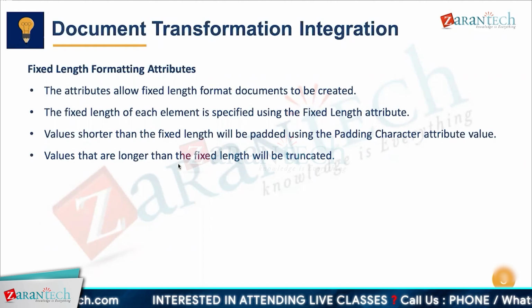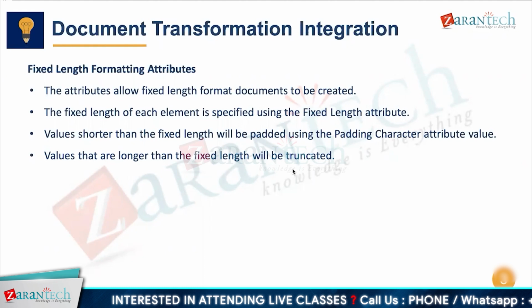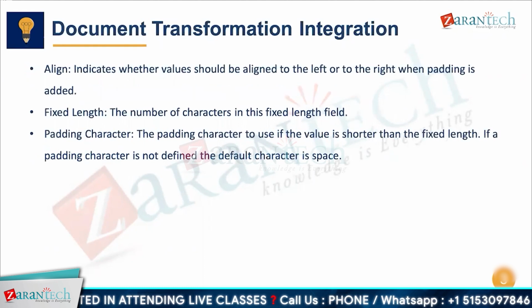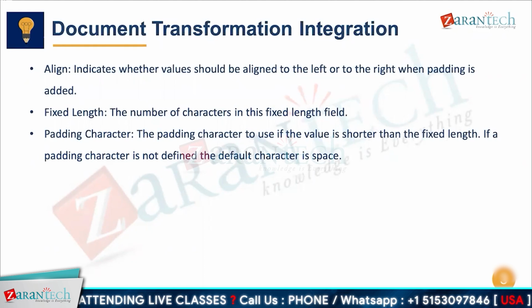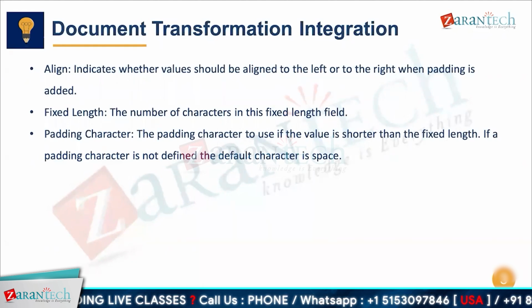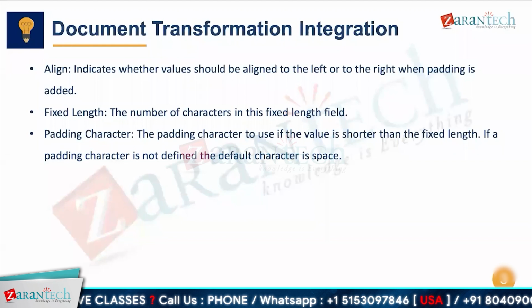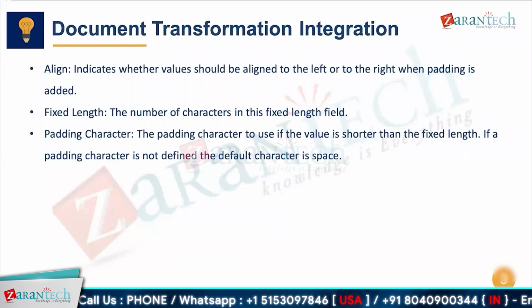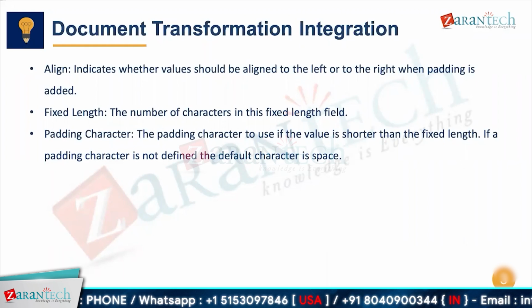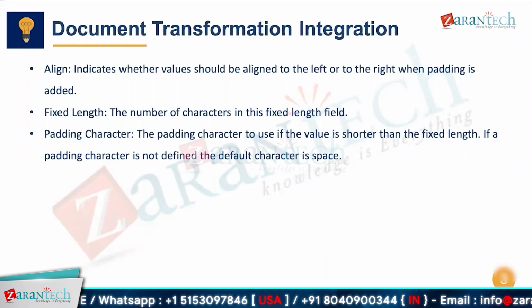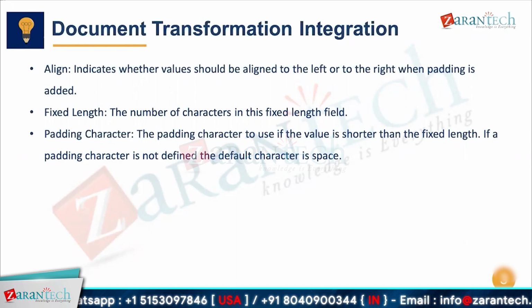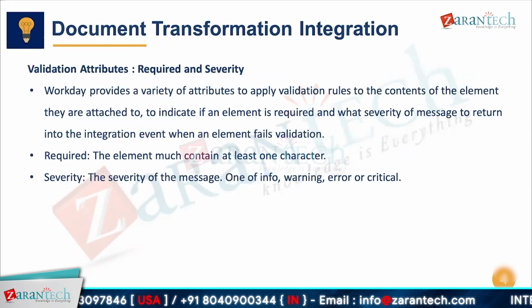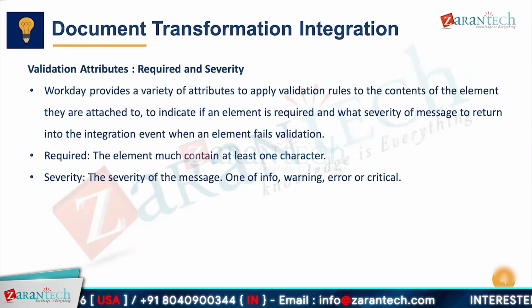Values that are longer than the fixed length will be truncated. Again, we'll get a warning for those. These are different attribute options: fixed length, and align, how you can align left or right, how you can fix the length, and what happens if the length is shorter. So these are different attributes.